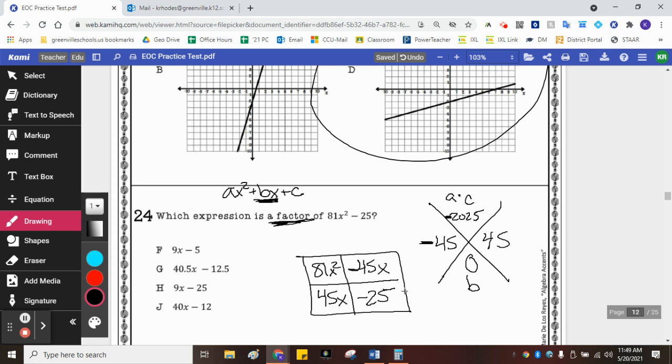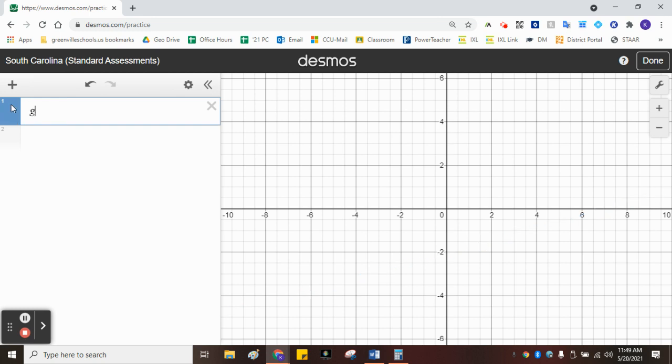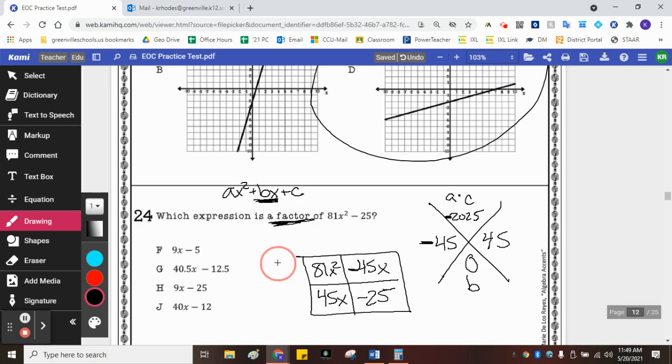I would not spend your time working on the greatest common factor when you can do that in the graph. Remember, it's the GCF of 81 and 45. It's 9.